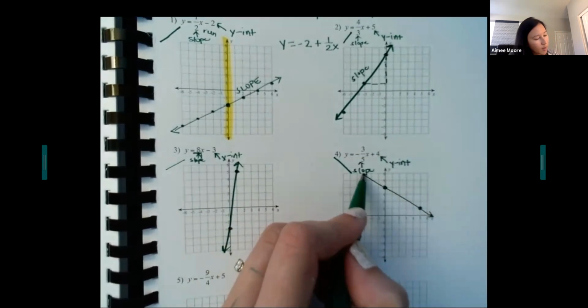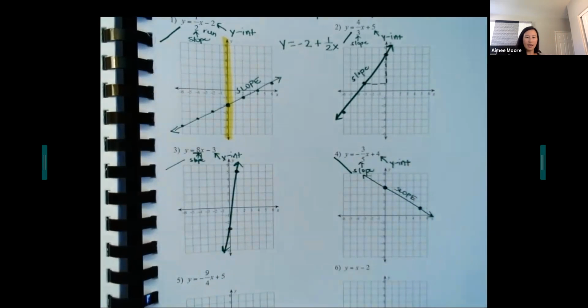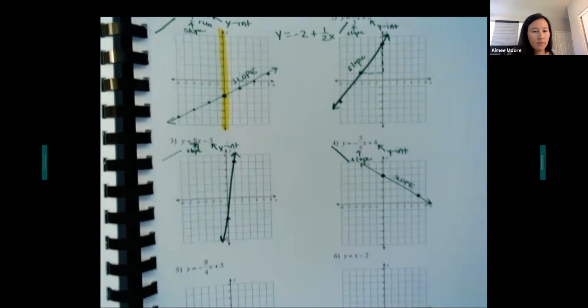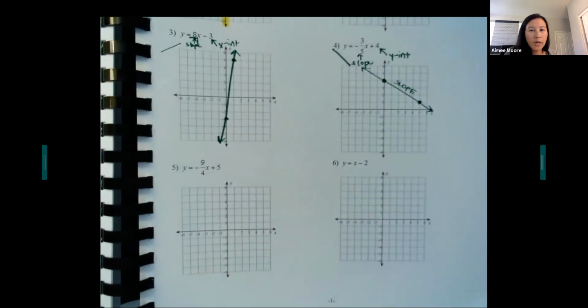And then I sketch my line and I write slope to make sure I graphed a negative slope, and I did. Questions on number 4?